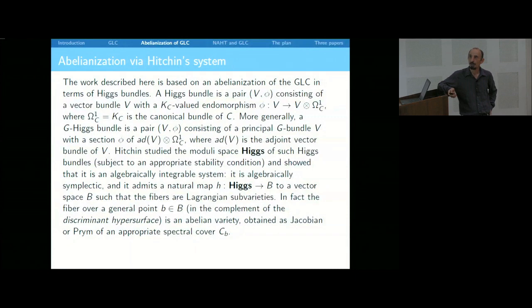So B parameterizes spectral covers, which again we've seen already in several of the talks today. And in fact, the fiber is an abelian variety. In the case of GL_N, it's just going to be the Jacobian of the spectral cover. In other cases, it's some other abelian variety related to it, called a Prym variety.